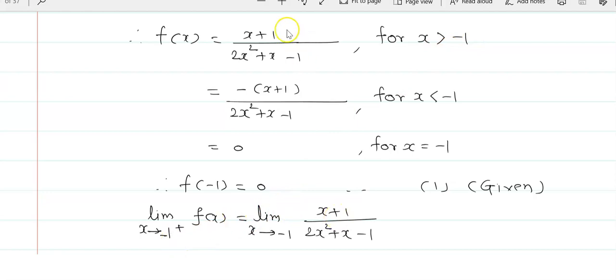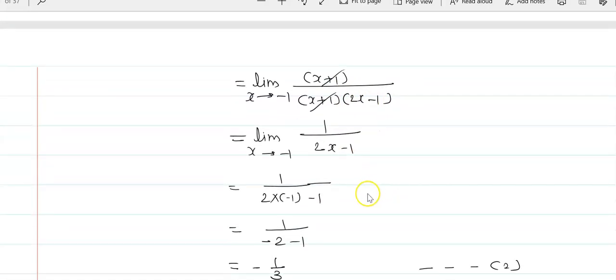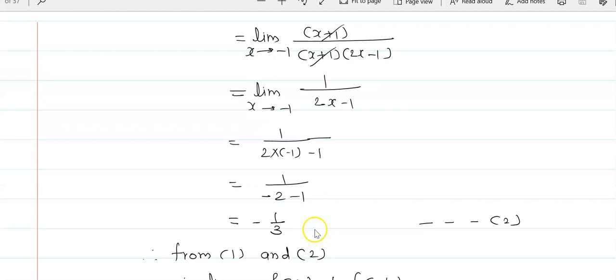Factorize it: 2x square plus x minus 1 is x plus 1 in the first bracket and 2x minus 1 in the second bracket. x plus 1 gets cancelled, and x is replaced by minus 1. That is equal to 1 upon minus 1 minus 2, that is minus 1 upon 3.